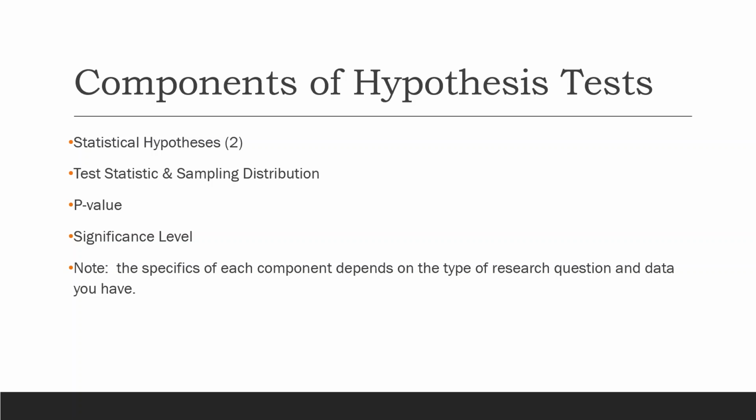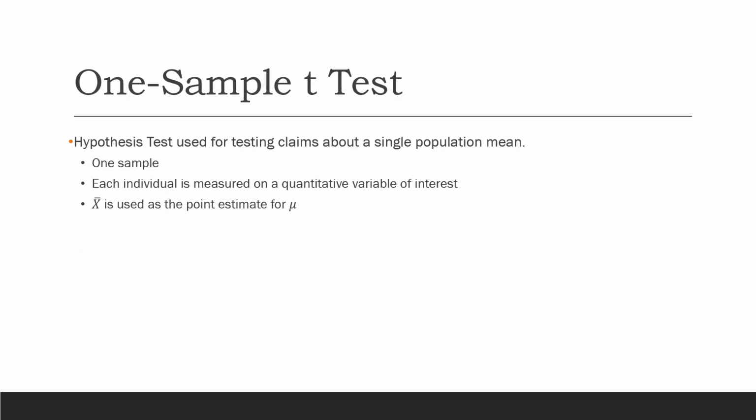But pretty much almost every hypothesis test has these four things: the statistical hypotheses, a test statistic, which is related to your sampling distribution, and you have a p value, and you're going to compare that to your significance level. All right. Now, we're going to start with one of the simplest types of hypothesis tests that you can conduct, which is a one sample t-test.